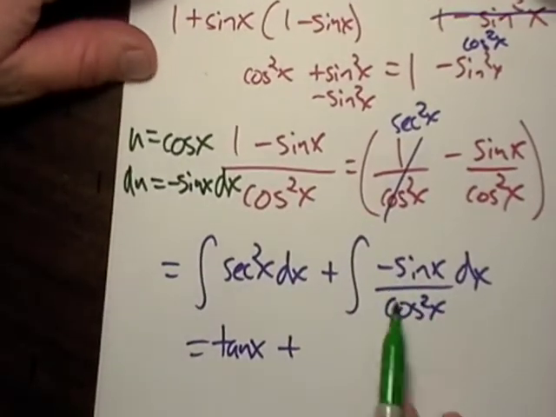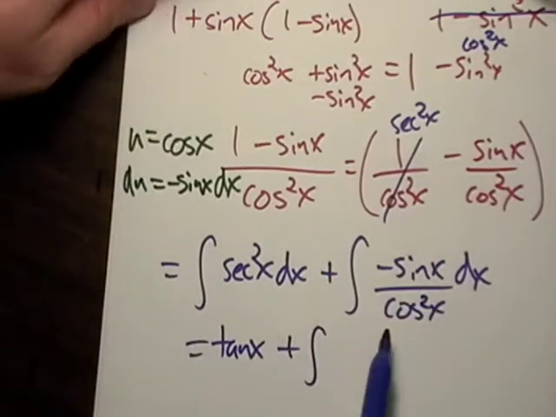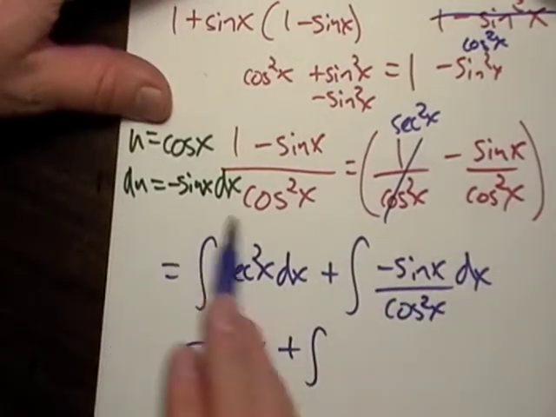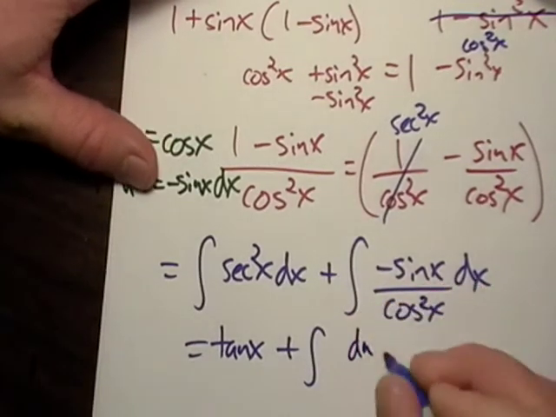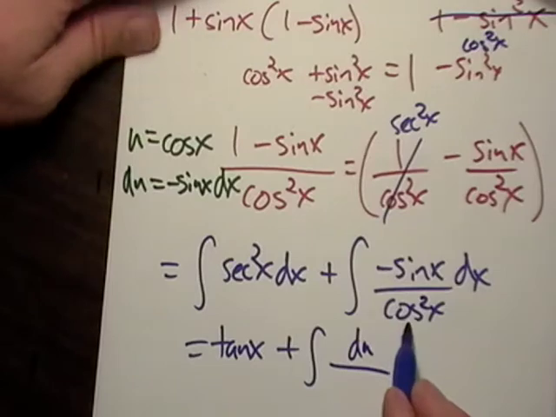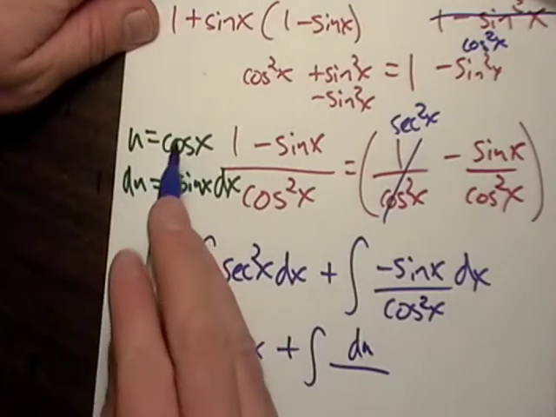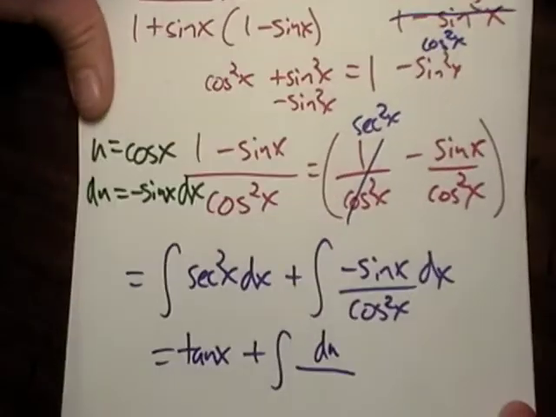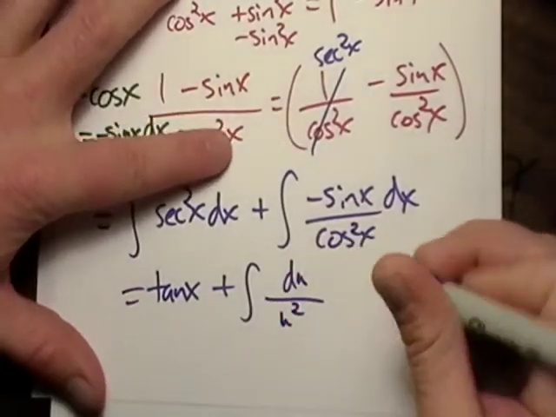Negative sine x dx is equal to du, and we have that right here, so let's put du over cosine. We used a U substitution for cosine, so let's stick it back in there. That's going to be u squared on the bottom.